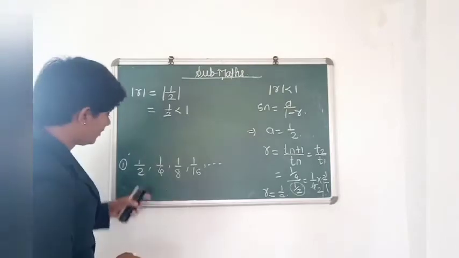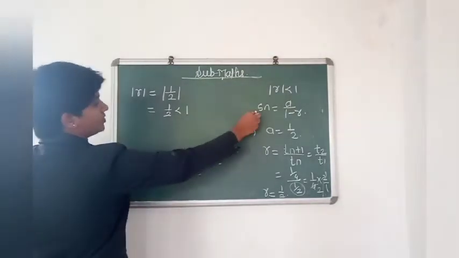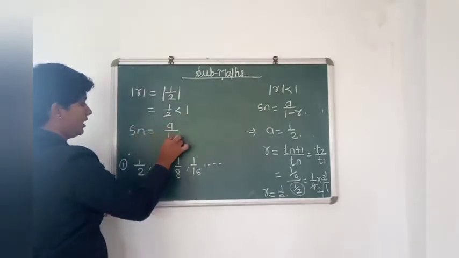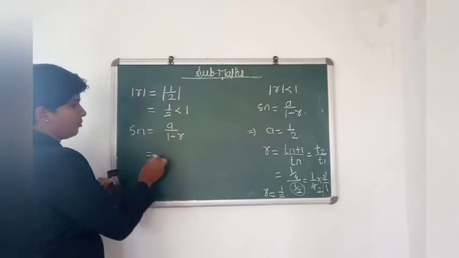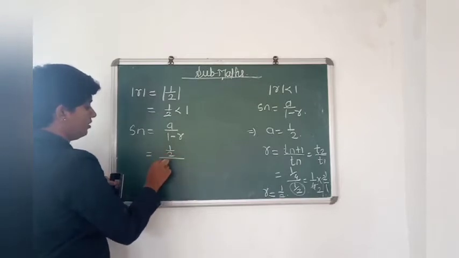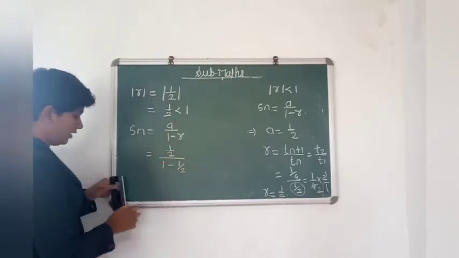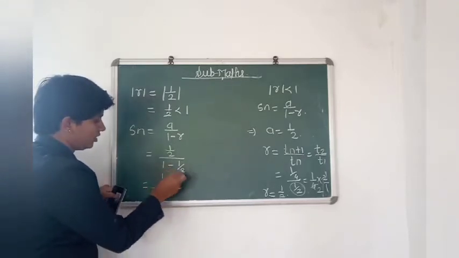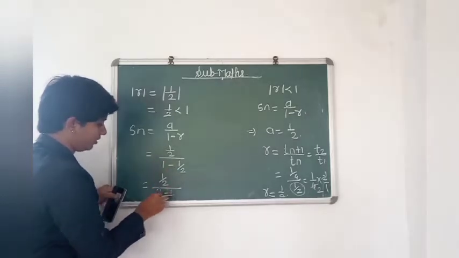So the sum of infinite terms of the geometric progression exists, when we substitute in the formula S infinity is equal to a upon 1 minus r. Put these values in this formula: a is 1 by 2 upon 1 minus r, and r is also 1 by 2. Here the denominator is not equal, so using cross multiplication, 2 into 1 is 2, minus 1 into 1 is 1, upon 2.